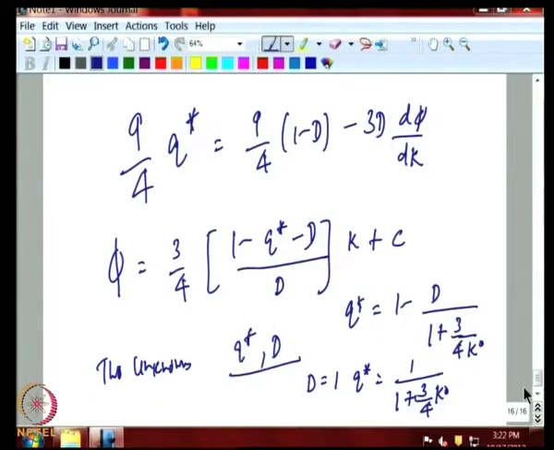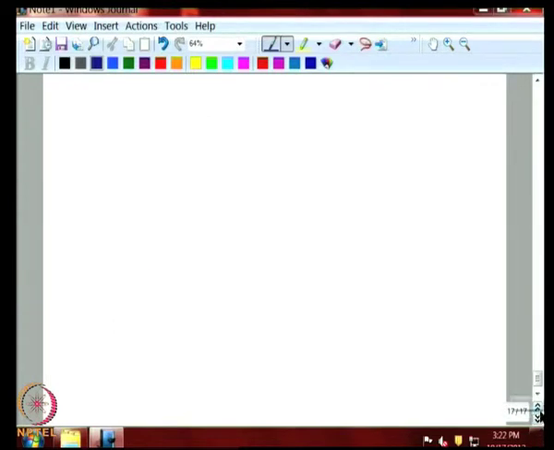And the result that we obtain can be compared in various ways. And I will put down the temperature distribution.